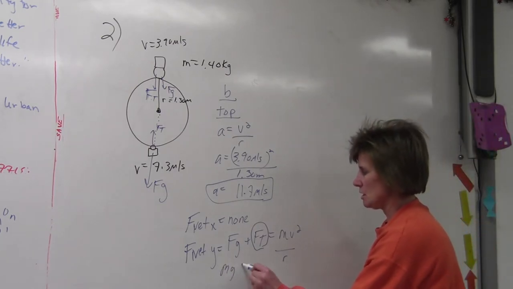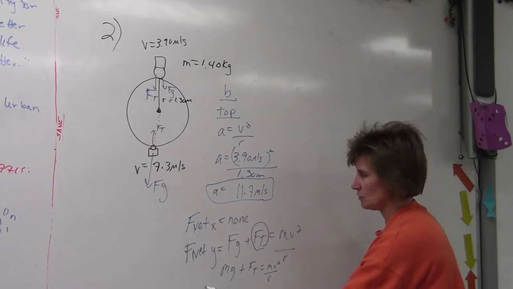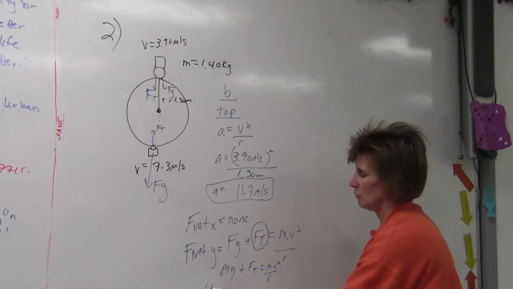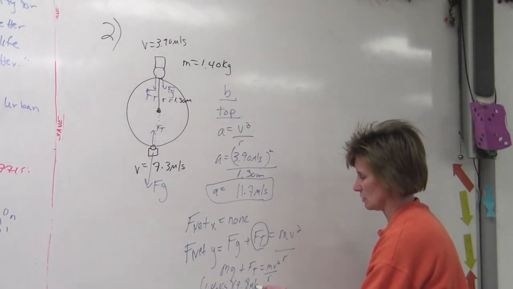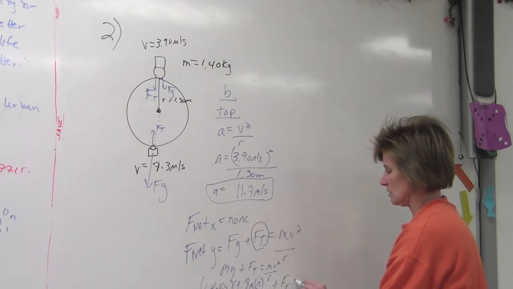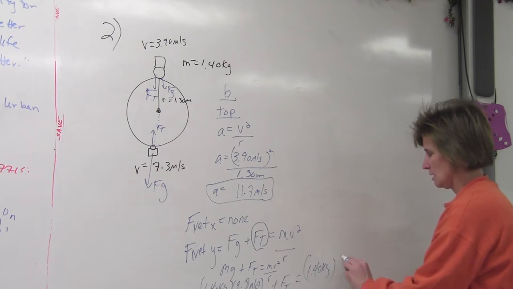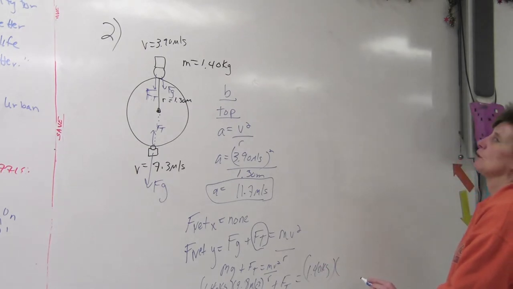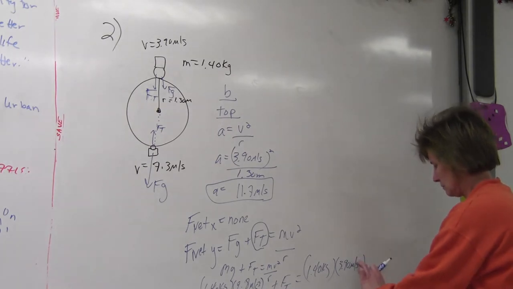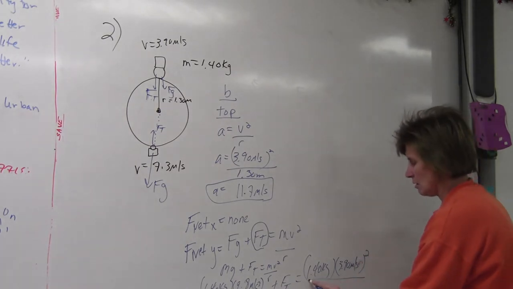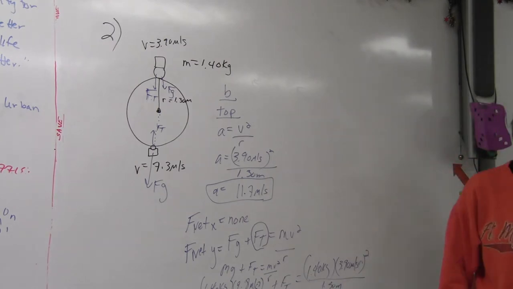So mg plus FT is equal to mv squared over r. So I'm going to substitute in 1.4 kilograms times 9.8 meters per second squared plus FT, what I'm after, is equal to 1.4 kilograms times velocity squared, 3.9 meters per second squared, over r, which was 1.3 meters. Solve for FT.